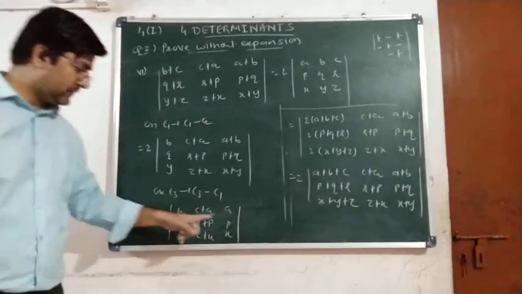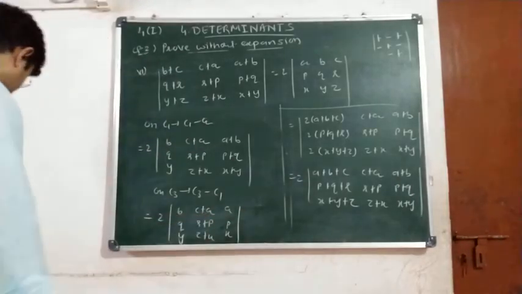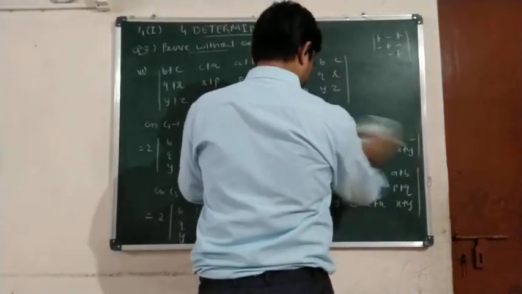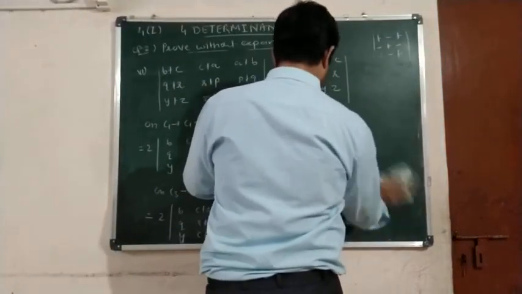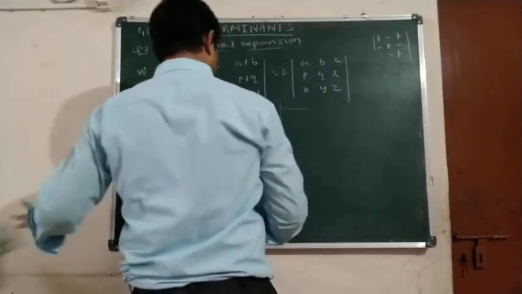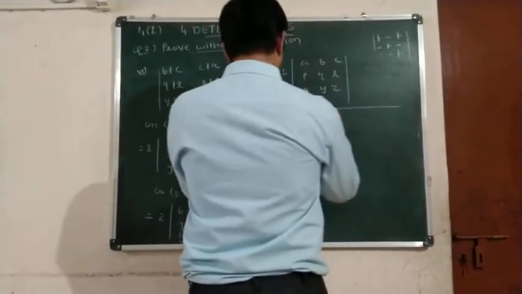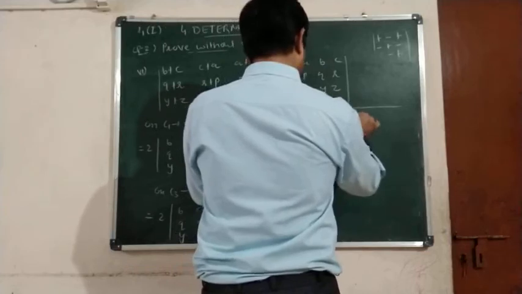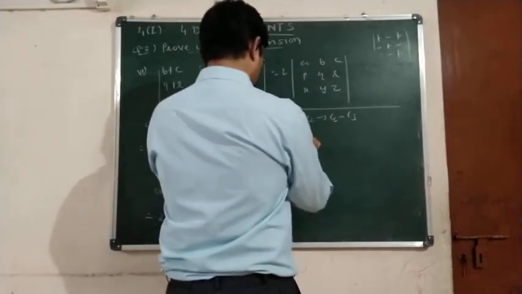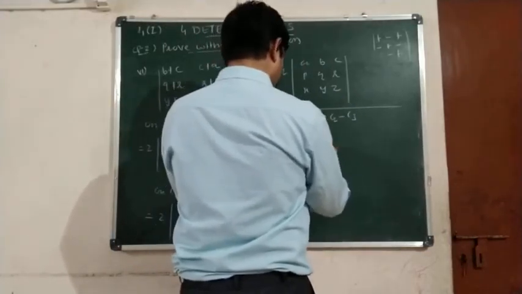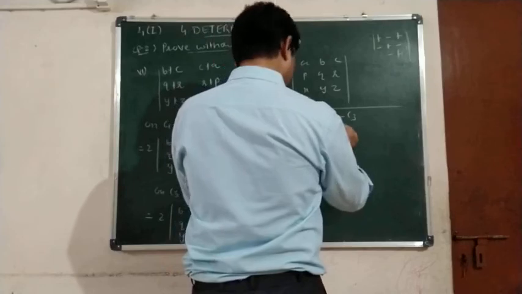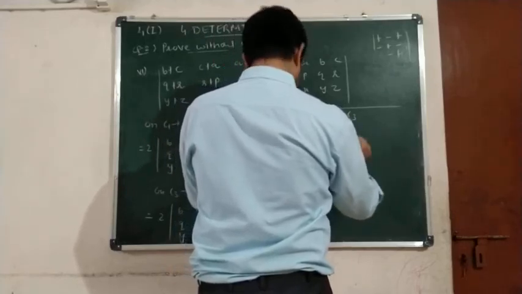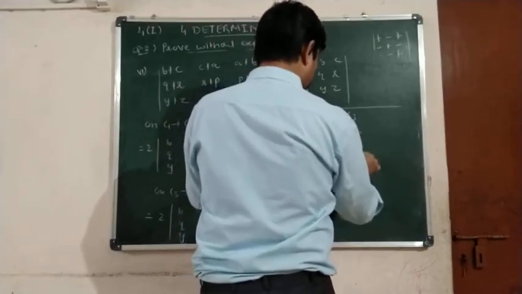Now finally on C2 minus C3, so B, Q, Y, C, R, Z, A, P, X.